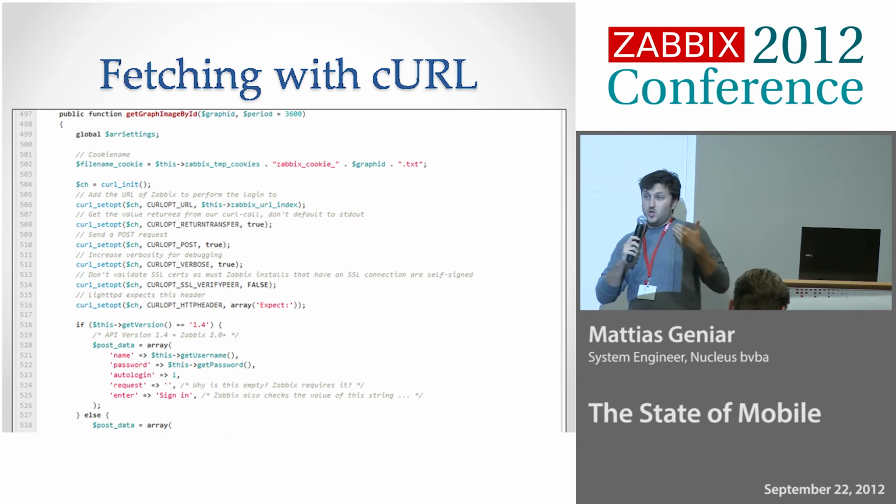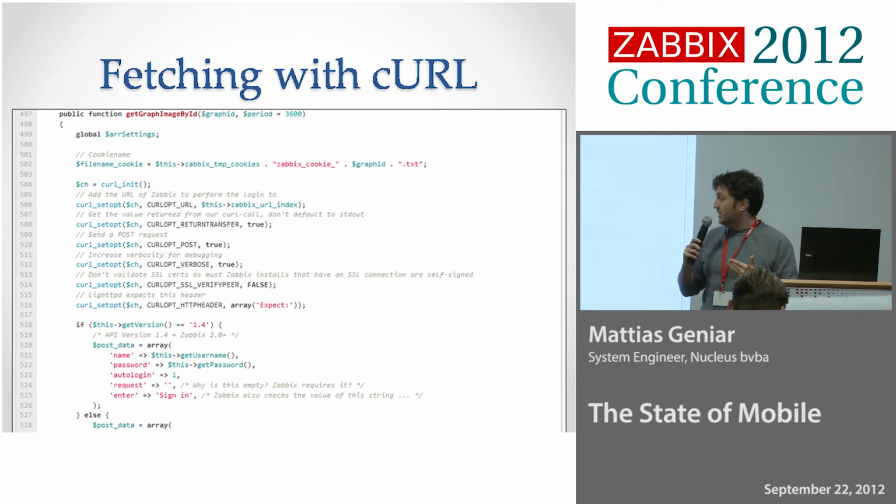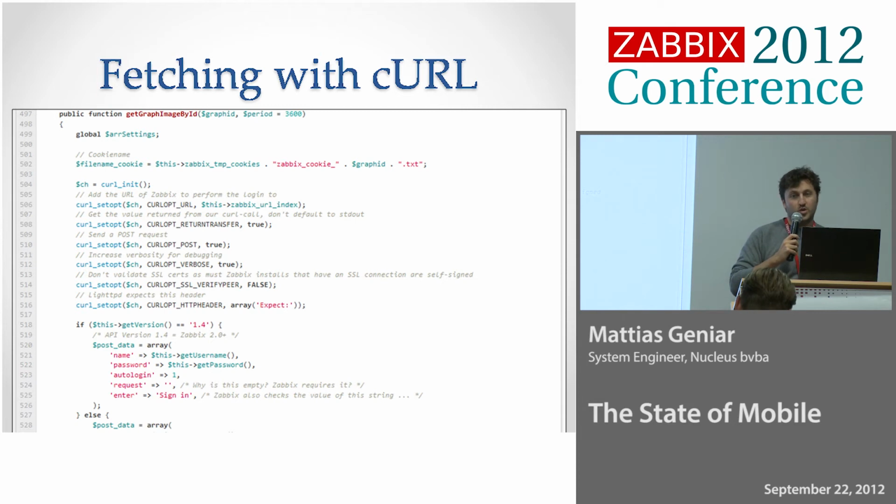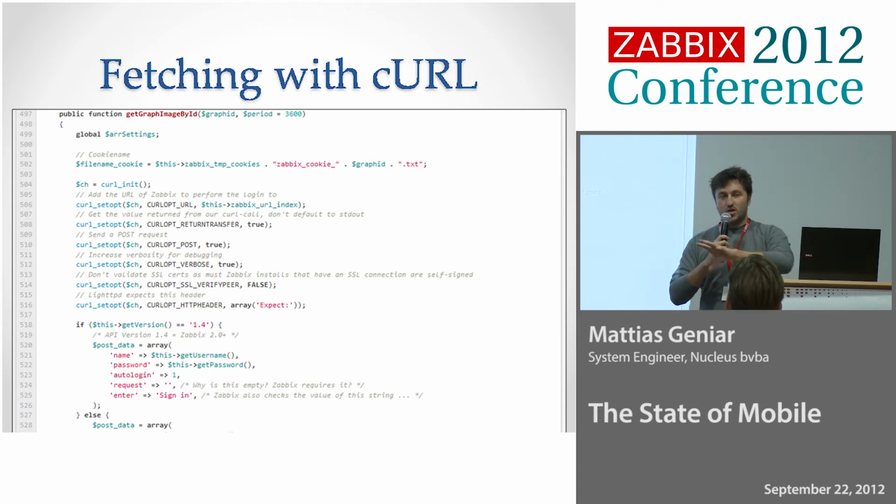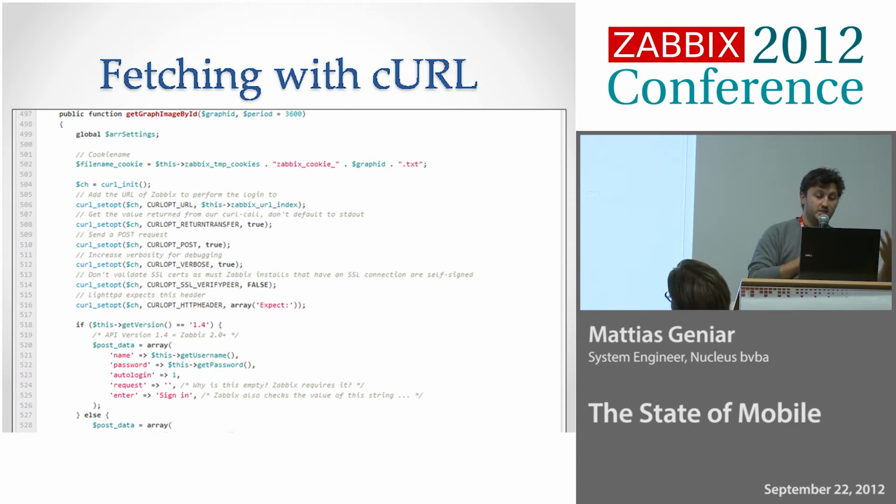We have to do a first login to the dashboard to fake our login. In Zabbix 1.8, we had to use a different login string, actually the content of your button, than in 2.0. So we have to make assumptions that if the API version is for 1.8, use these kinds of strings to log in. If it's 2.0, use these kinds of strings to log in. It's annoying to say the least, but since 1.8 will probably soon disappear, I can live with this.